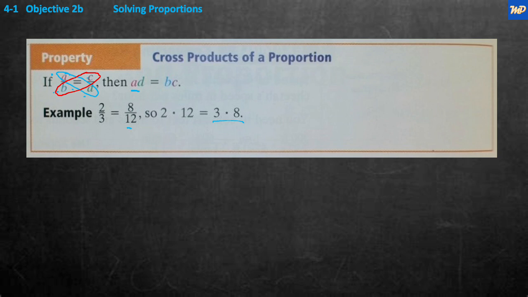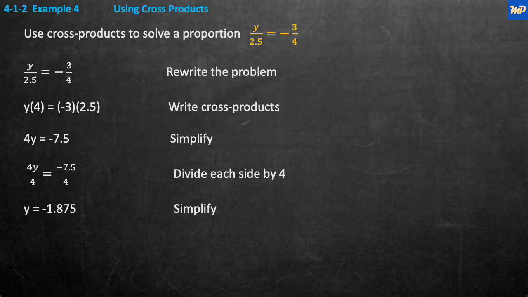So you get 2 times 12 is equal to 3 times 8. Is it? 2 times 12 is equal to 24, and that's equal to 3 times 8, which is 24. So 24 is equal to 24, and that's true.